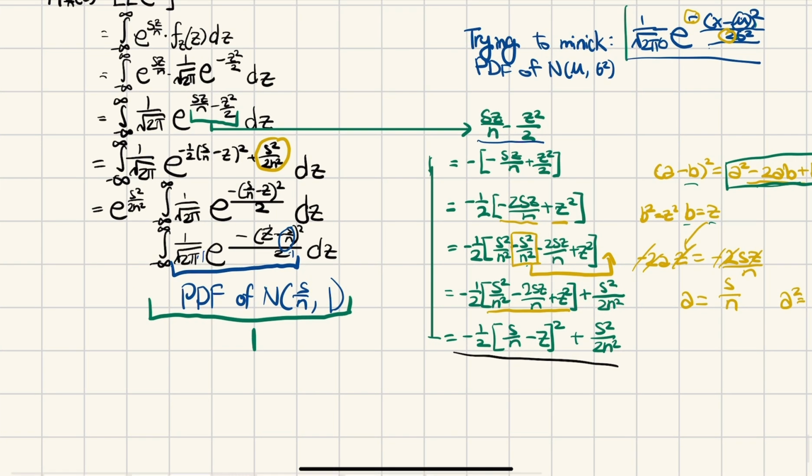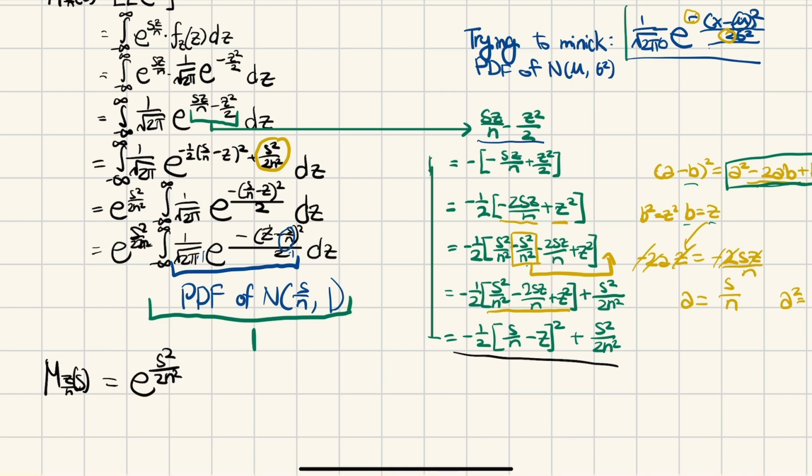So now we've established that the moment generating function of Z over N is just e to the power of s squared over 2n squared.